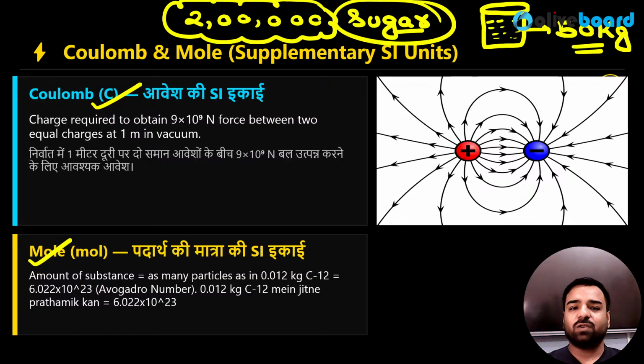Obviously he cannot. So instead of getting sugar by counting the crystals, we can use another unit, another way of taking it. We can ask him to give a 50 kilogram sack, or 5 kilogram of sugar, or even 1 kilogram of sugar. That is possible for him to weigh and give to you, right?